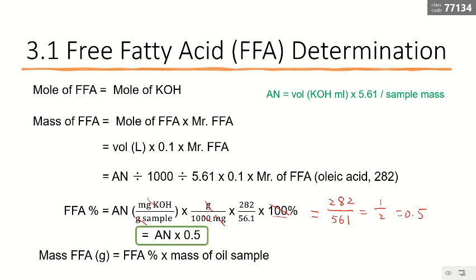If we want to calculate the mass instead of the percentage, we know 1 gram is acid number times half. Then we just multiply by the mass of the oil sample. For example, if I have 3 grams of oil sample, then 3 grams times the percentage tells you how many grams there will be. That is easy to calculate, just follow this formula here.